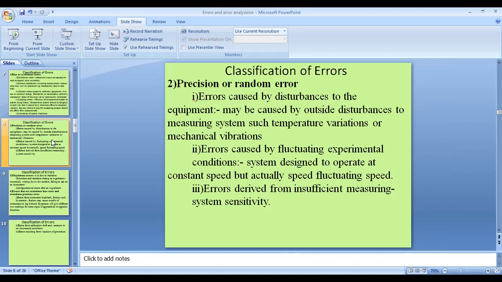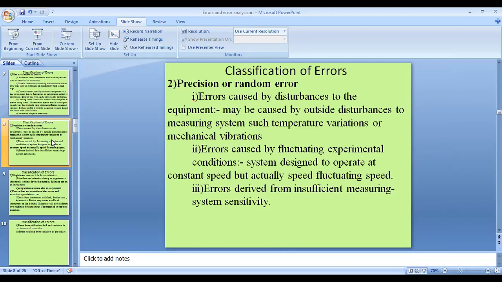Sometimes suppose I am conducting the experiment on heat transfer and I am supplying air to the experimental system and measuring the flow. But what is happening to the frequency?